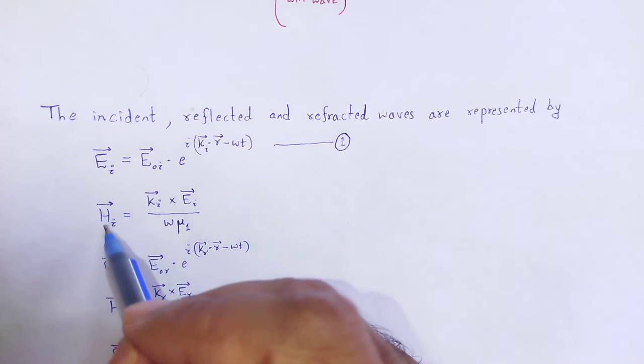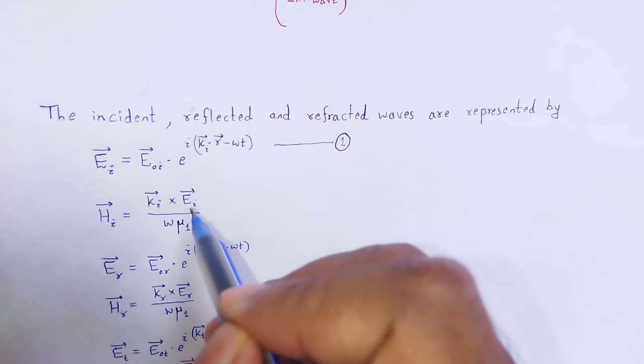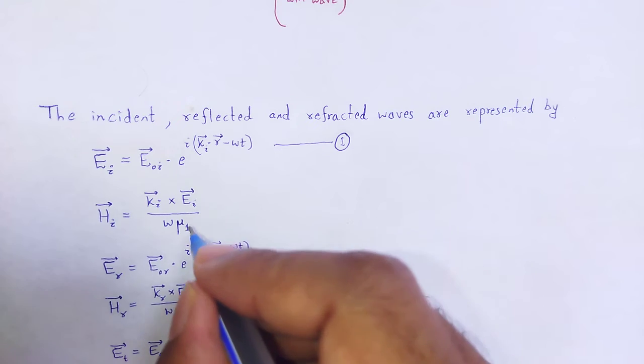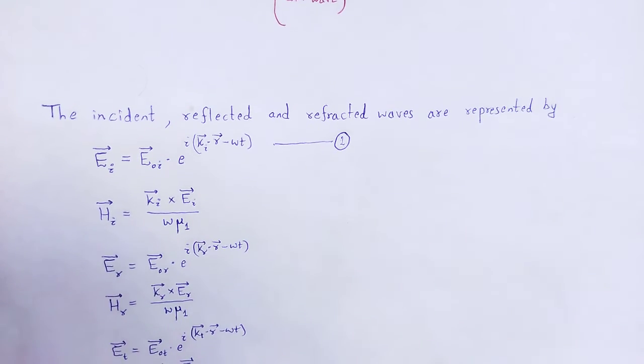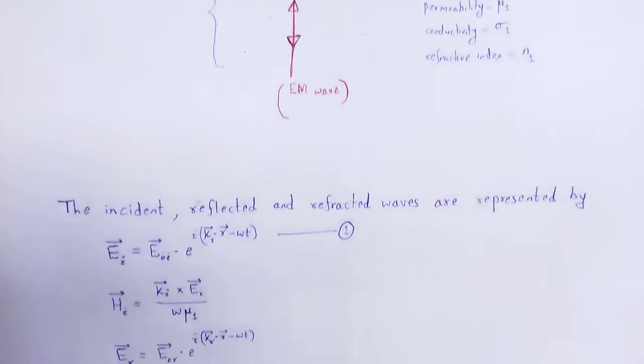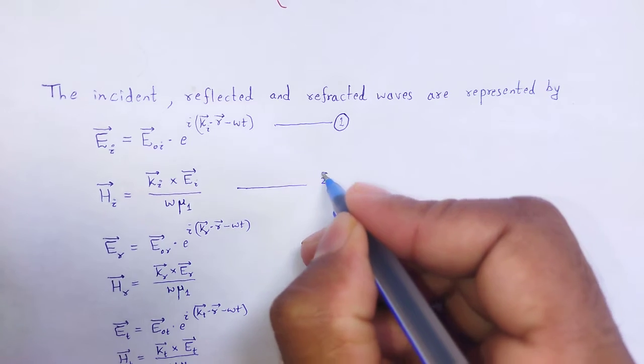So for the incident wave, S I vector is equal to k I vector cross E I vector divided by omega into mu 1, for medium 1. Equation number 2.